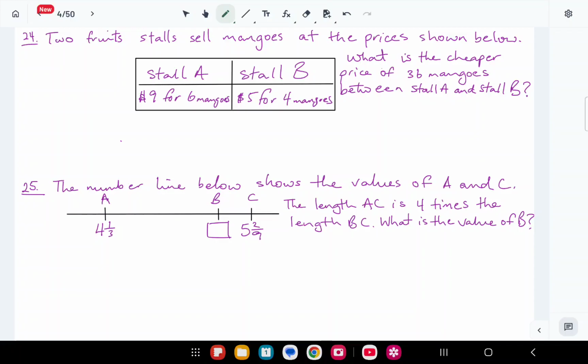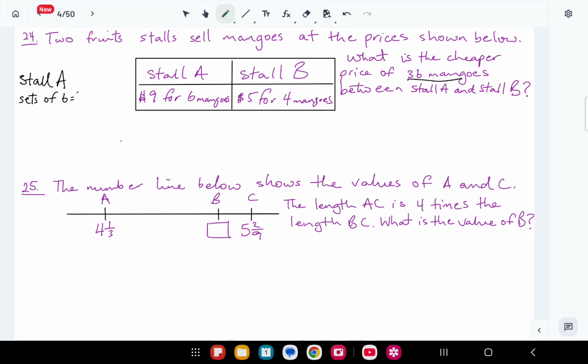So what we can do is find out the cost of 36 mangoes at stall A. So we know stall A is selling 6 mangoes for $9. So we want to calculate now how many sets of 6 we can get from 36, because it's 36 mangoes we want to buy.